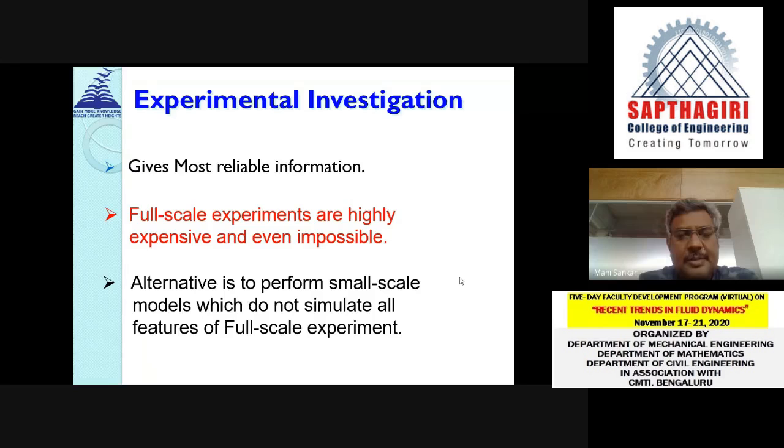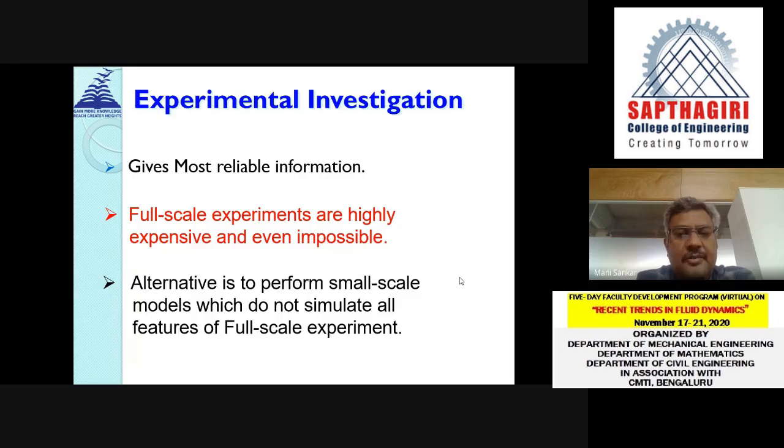But there are some situations where full scale experiments are highly expensive or sometimes even impossible, which means when you want to design an experiment involving a large scale, we are not sure that the experiment will be a success or not.